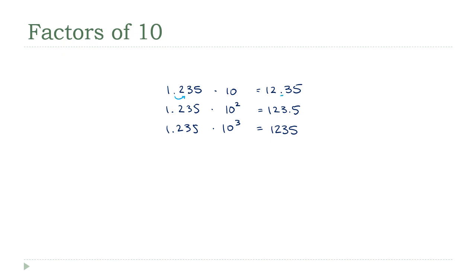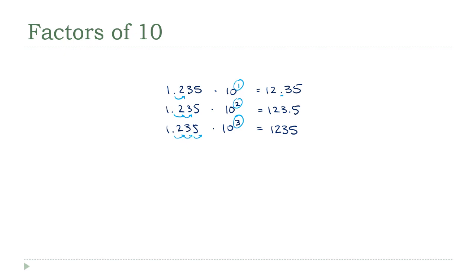The number got one decimal place bigger, if you will. When I multiplied by 100, that's 10 to the second power, the decimal point moved two places. Finally, when I multiplied by 10 to the third, it moved three places. So this exponent, including that implicit 1 up there, is really just telling me how far to move the decimal place. In this case, to the right.